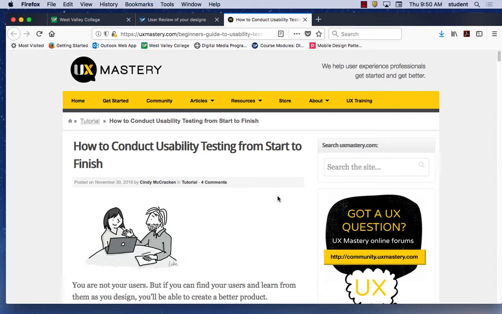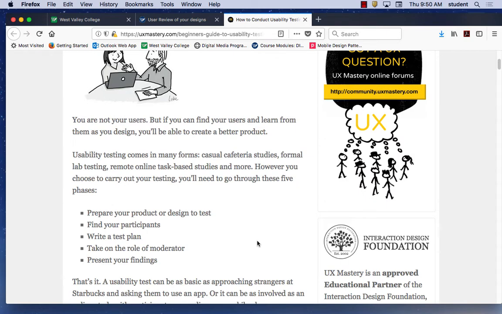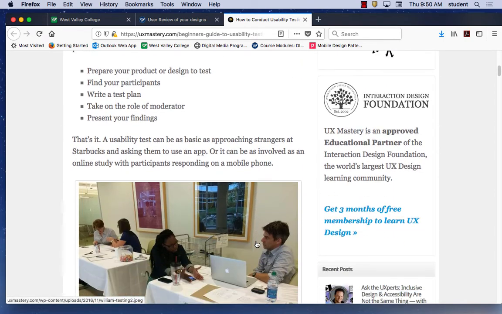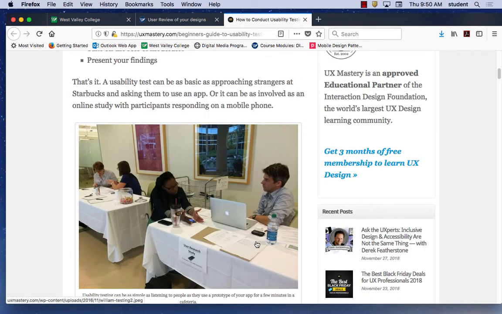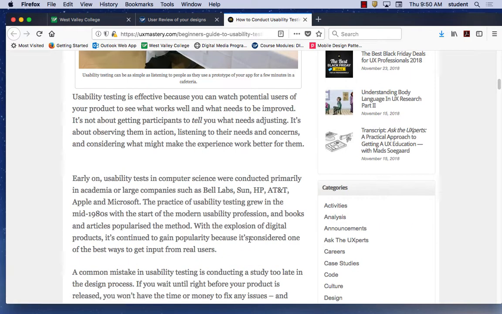Again, these are mostly about having somebody interact with maybe your prototype. They talk about what kind of questions you ask. Again, the whole idea here is that they want to watch somebody interact with your prototype.